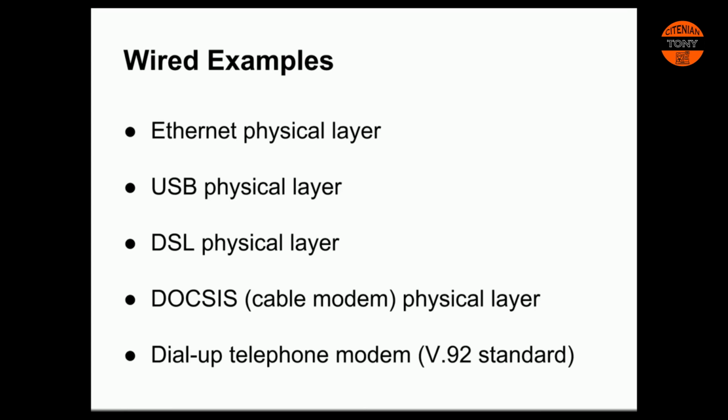Included in that specification is what a USB connector looks like, how it's shaped, and how it's designed. And this way all USB devices can interoperate with each other because they use the same type of connector, the same kind of electrical specification. Digital subscriber line, or DSL, has a physical layer. Cable modems have a physical layer as part of the DOCSIS standard. And even good old-fashioned dial-up telephone modems had a physical layer as part of the V.92 standard.